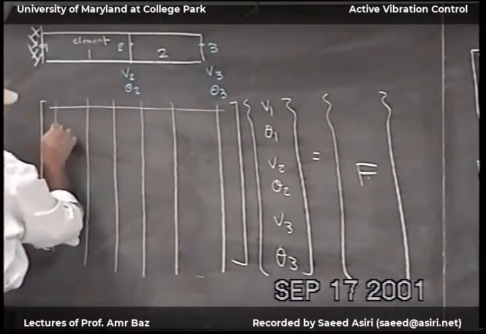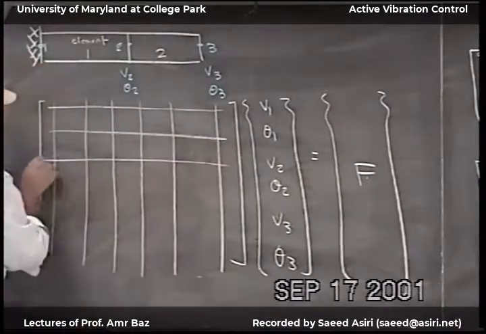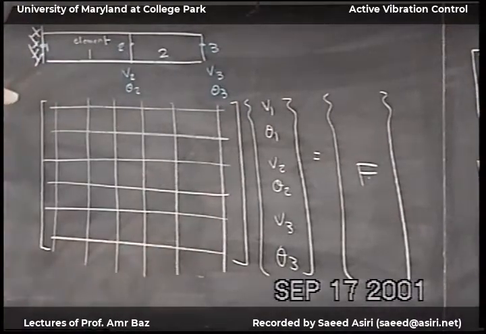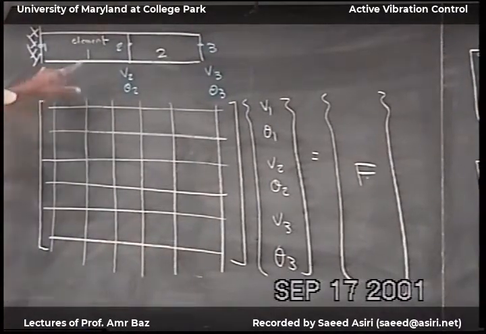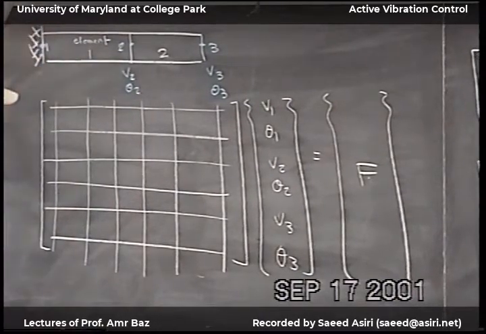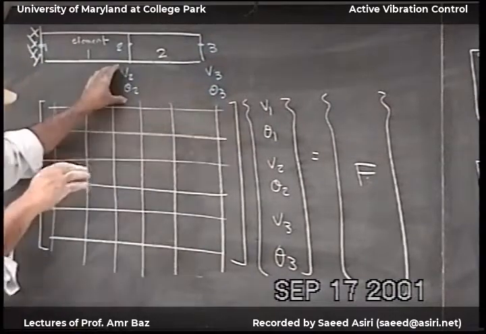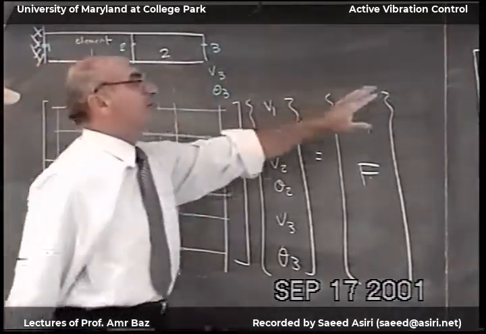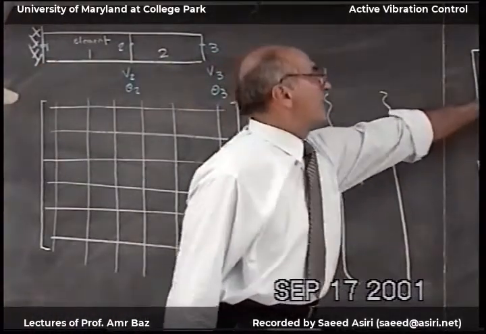Then the same story here. The first element is between node 1 and 2. And we always write the left degrees of freedom first, and then the right degrees of freedom second. So for this element, the description is right here. So I'm going to copy this here.